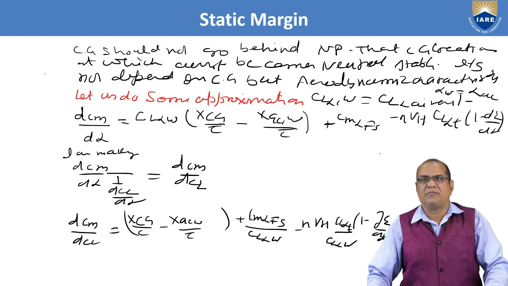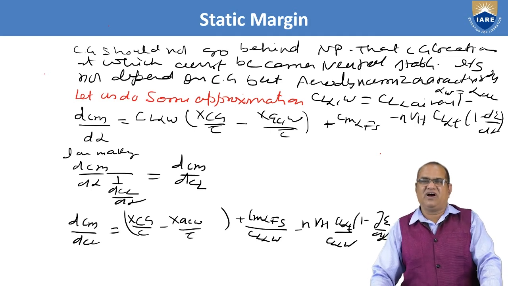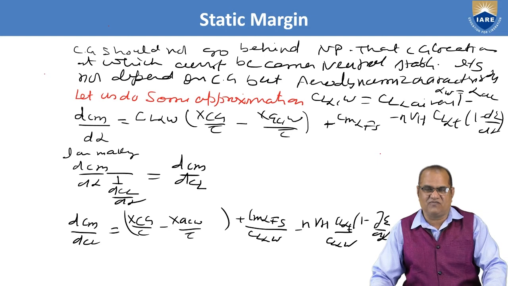Let us do some approximation. Here we have to see that CL alpha W is equal to CL alpha aircraft, so alpha W is equal to alpha AC. So dCm by d alpha, we have to differentiate this Cm with respect to alpha.